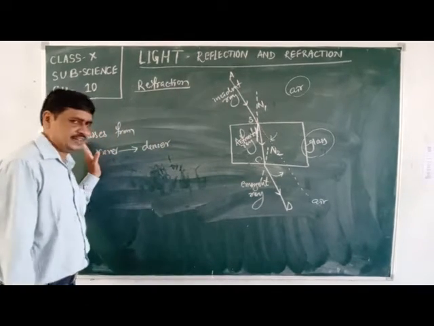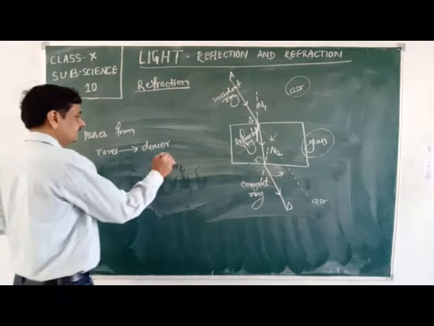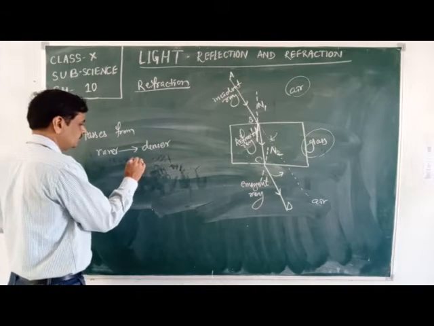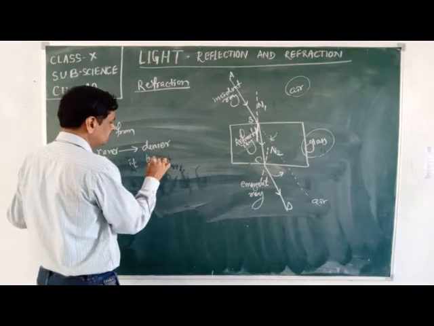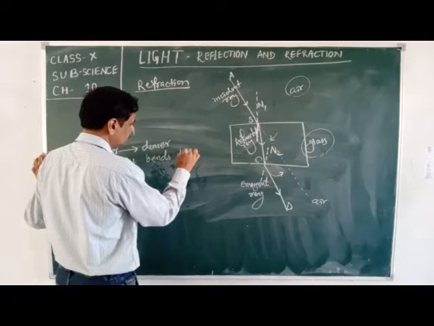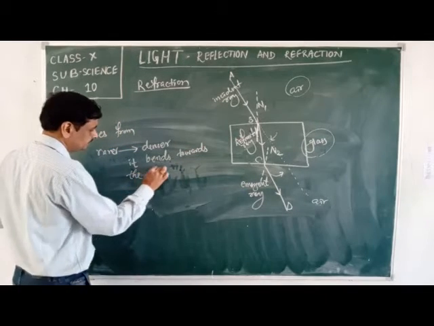When the ray passes from rarer to denser, then it bends towards the normal.